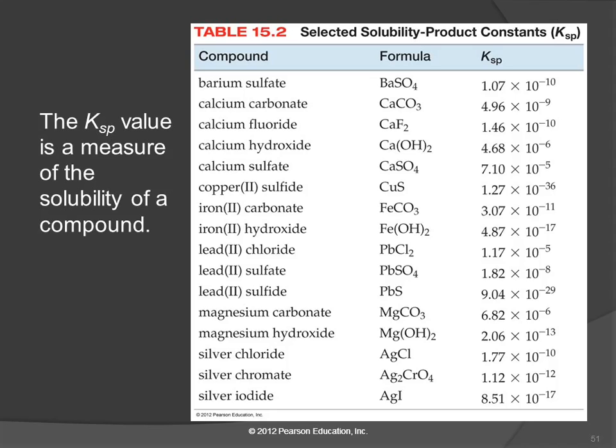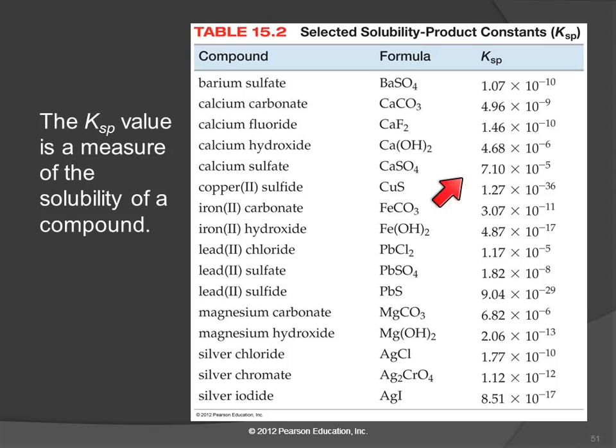So KSP values can be found in lots of different places. This is a table from your book, and you'll probably need to refer to this to do some of your homework problems. KSP is a measure of the solubility of a compound.